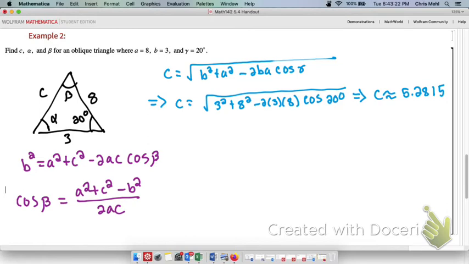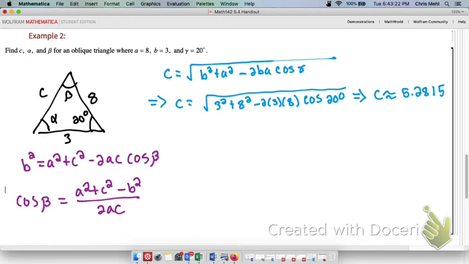Now, you can take arc cosine of both sides, and then we can plug in all of those values. Because we do know a is 8, we do know c from the previous step, and we know b is 3.